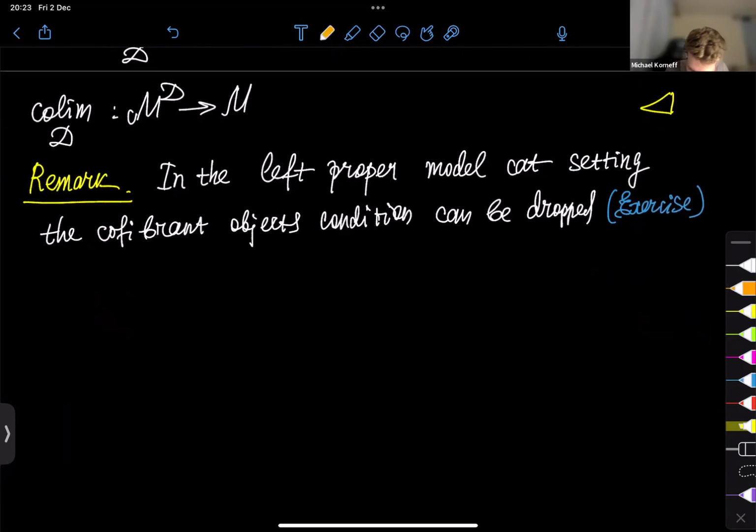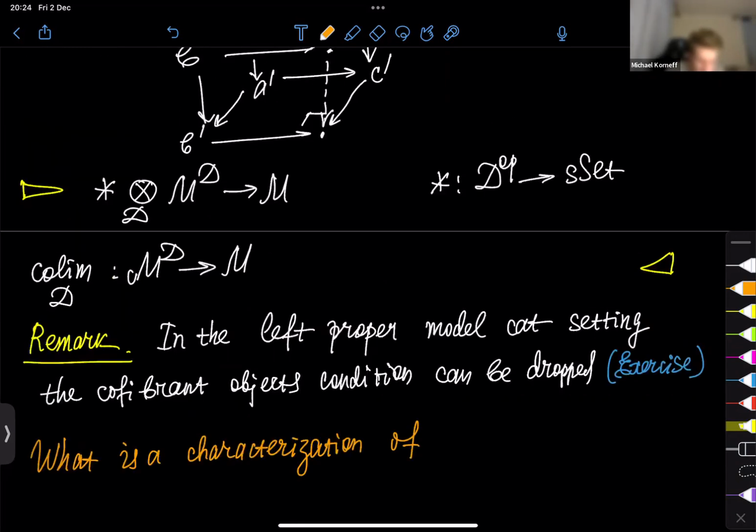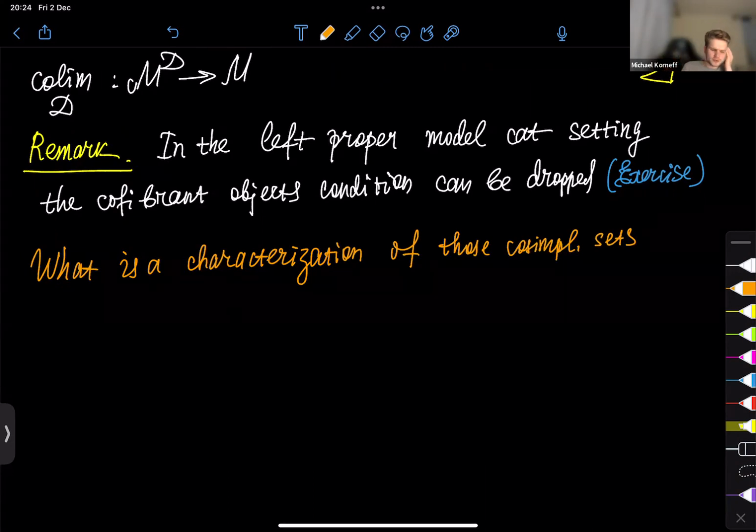Okay. The question is, what is a characterization of those cosimplicial sets or cosimplicial objects taking values in a set valued functor category that are Reedy cofibrant?